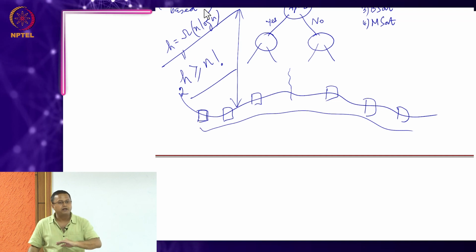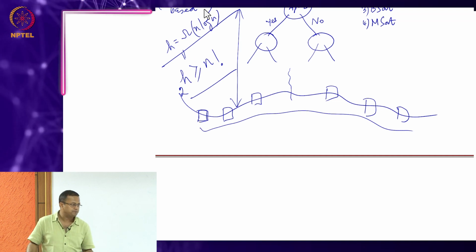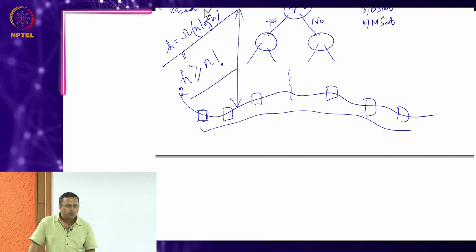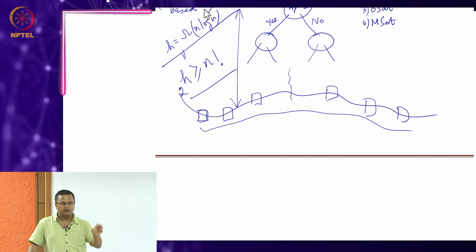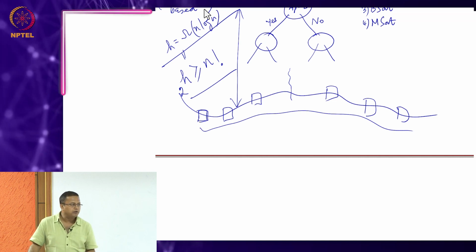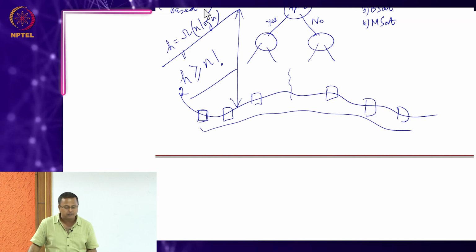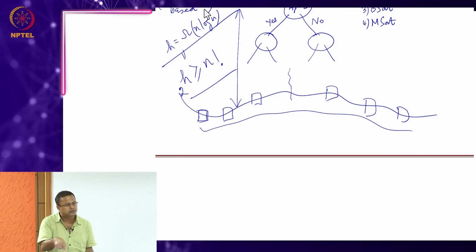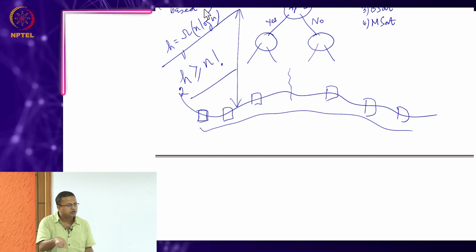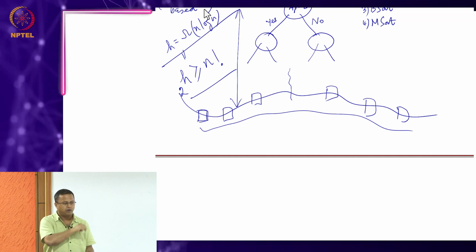So, I have given you an idea of lower bound on the time, and this is an impossibility result, that you cannot sort in time less than n log n.